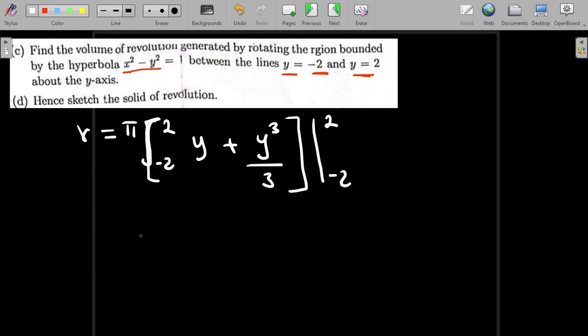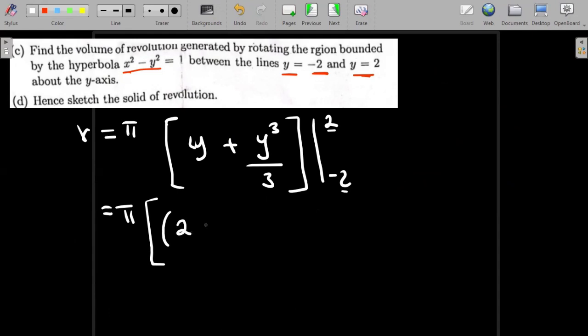So we have pi there, then you have to replace where y is. You replace first by 2, then you subtract, then you replace negative 2. So you're going to have 2 plus 2 cubed over 3, then minus, negative 2 plus negative 2 cubed over 3.